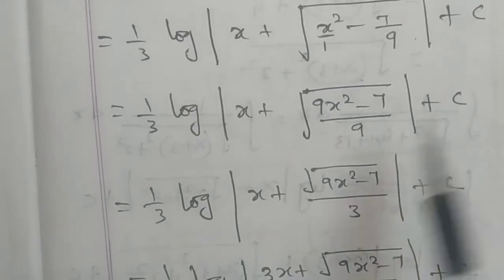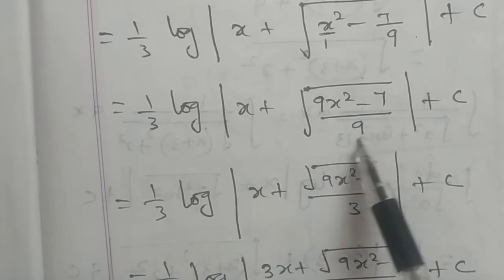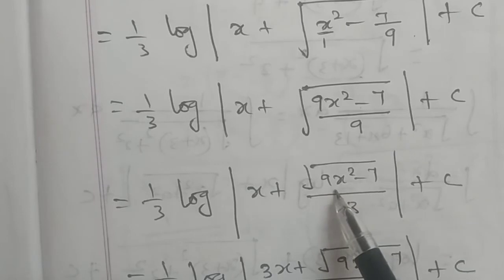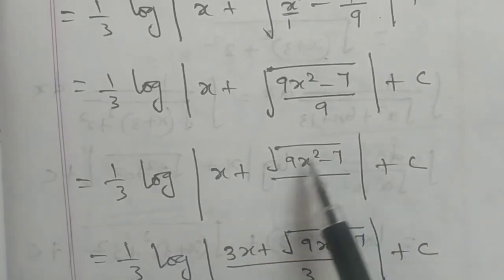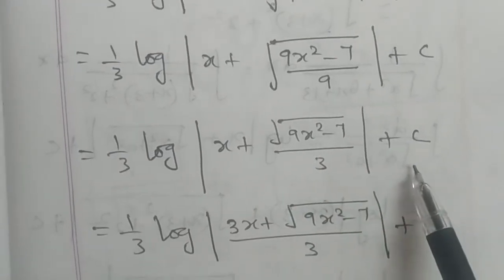So finally we get 1 by 3 log modulus of x plus square root of 9x square minus 7 over square root of 9, which is 3, plus c.